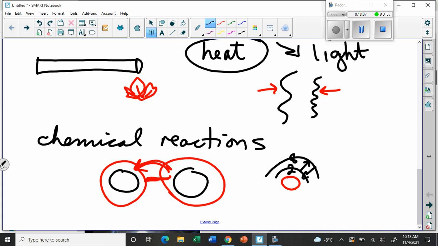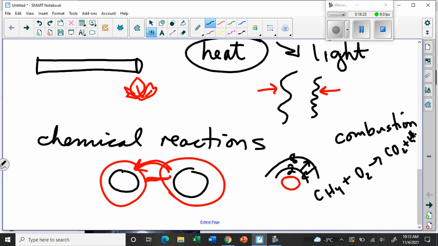Many produce light. The chemical reaction of burning, of fire, right? When you combust something, combustion, which is taking a fuel, like methane, and combining it with oxygen gas, you get CO2 plus water, H2O, right? Well, this also produces the shaking of electrons.